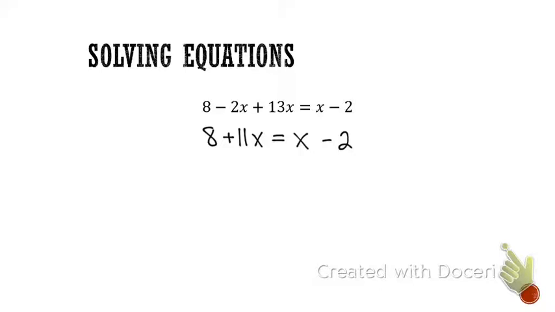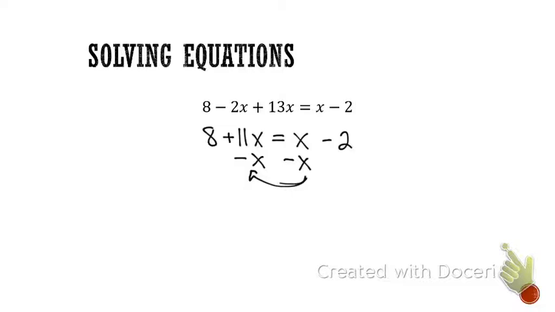The second thing you want to do is get your variables on the same side of the equation. So if you remember what I taught you this year, we talked about finding the lower of the two values. Okay, so clearly 1x is less than 11x. So I'm going to subtract 1x to the left side of the equation. So I'm moving my x's to the left side.